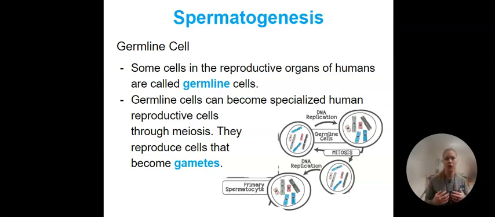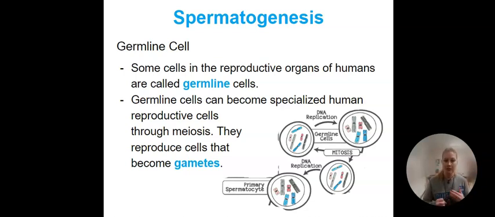We start with what's called the germline cells. These are like stem cells, but they are specific cells that only exist really at the very beginning, before embryonic development. These germline cells can become any type of specialized human reproductive cell through the process of meiosis.